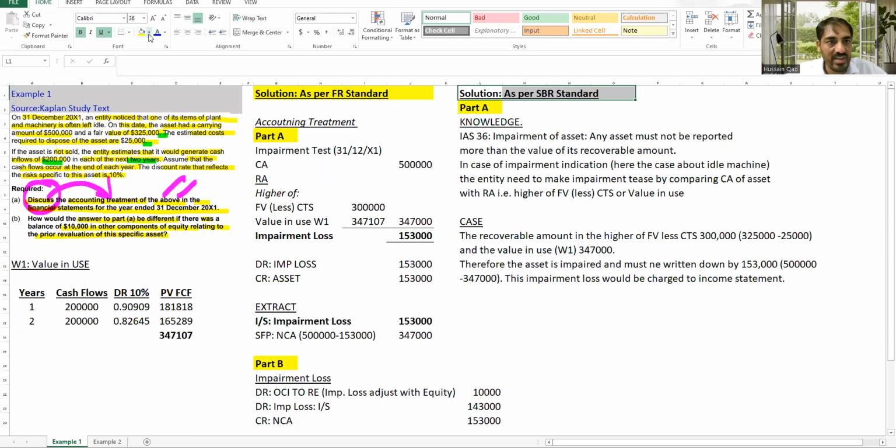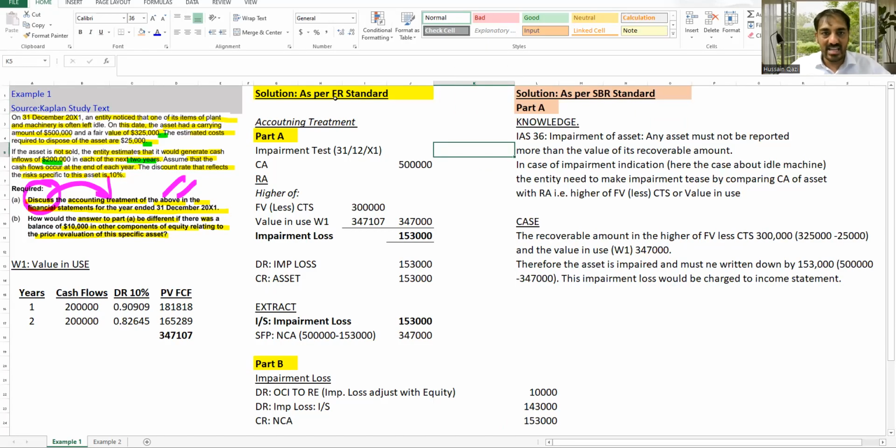This part of the solution we are working is with the SBR standard, the right side. And the left side is FR. So first of all, do reply to me. This session is about to support you with the right direction. Are you getting what I'm saying?